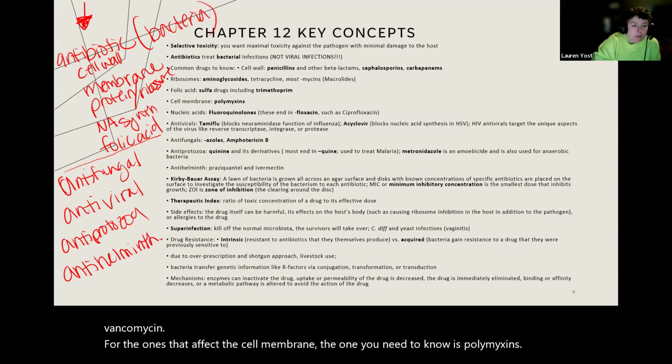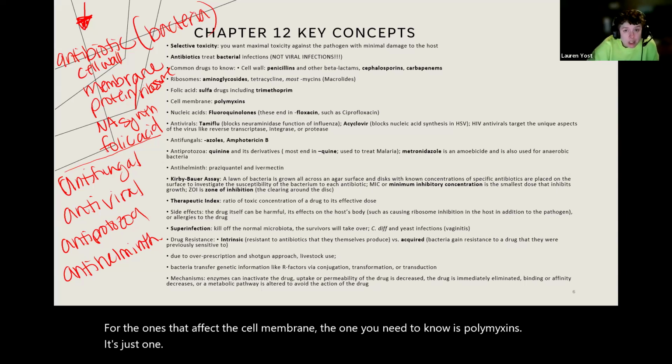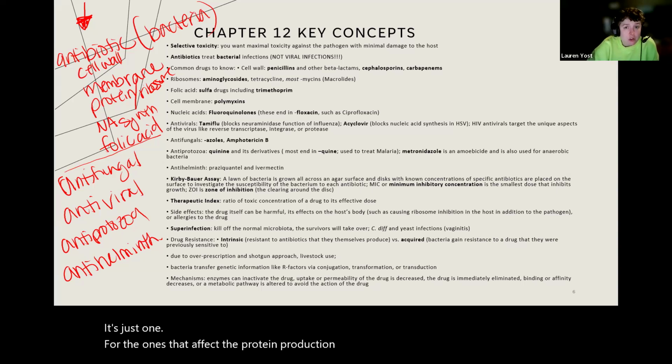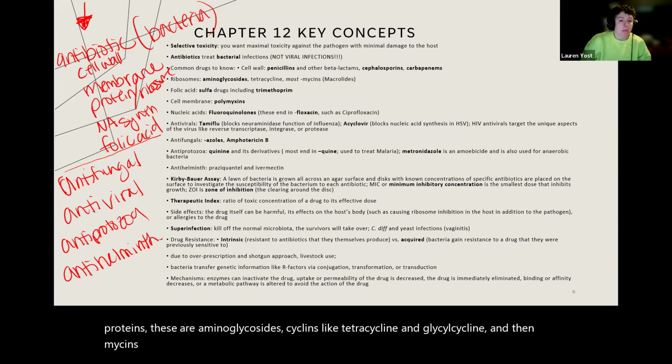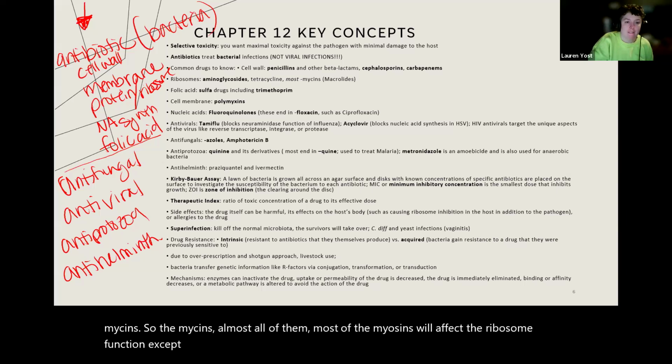It's just one. For the ones that affect the protein production by affecting the ribosome's ability to make proteins, these are aminoglycosides, cyclines like tetracycline and glycylcycline, and then mycins. So the mycins, almost all of them, most of the mycins will affect the ribosome function, except for vancomycin.